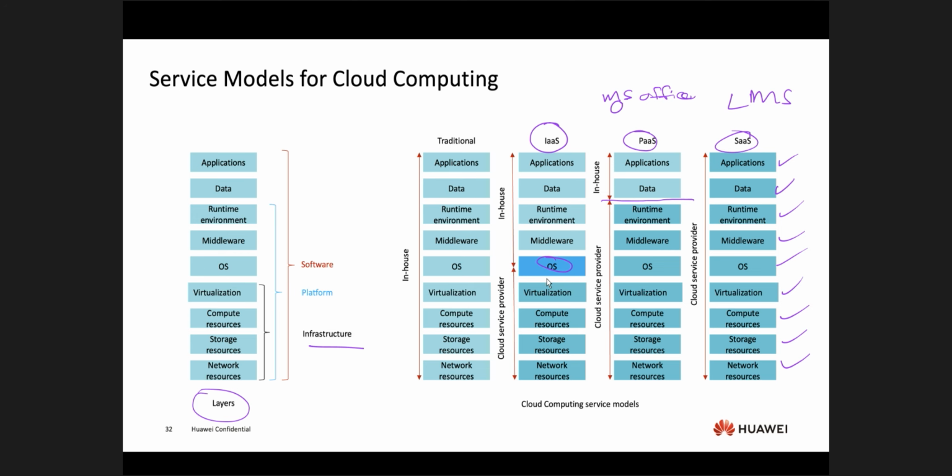They will provide that because they're responsible for that. But then everything that you do, middleware, runtime environment, data, and application, it's your responsibility. You are in charge of that. That is basically infrastructure as a service, that you borrow a virtual machine from the cloud provider, and then you are responsible for the rest of that.